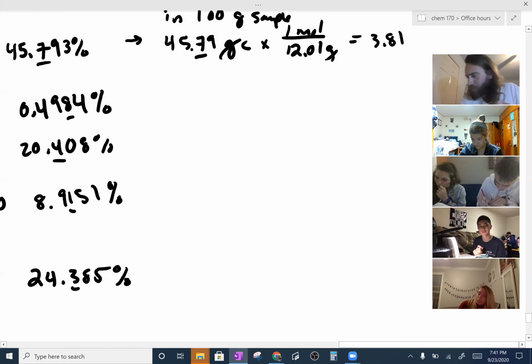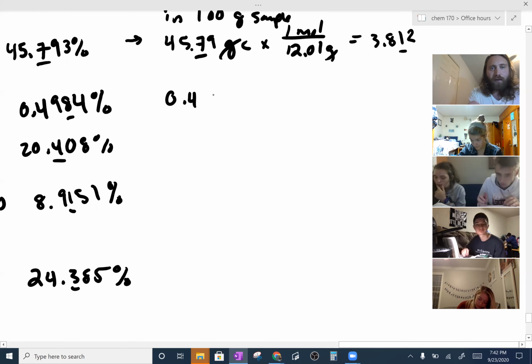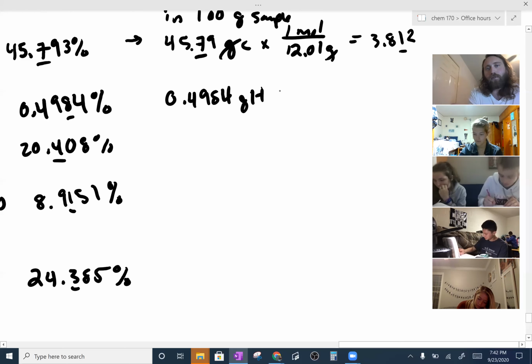Let's put another number on there, 3.812. There we go. Now I can do the same thing for everything else. I'm going to have exactly 0.4984 grams of hydrogen. Multiply that by its inverse molar mass. 1 mole of hydrogen is equal to 1.0 grams of hydrogen.